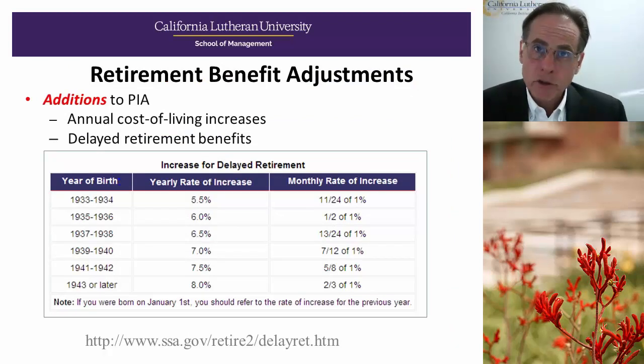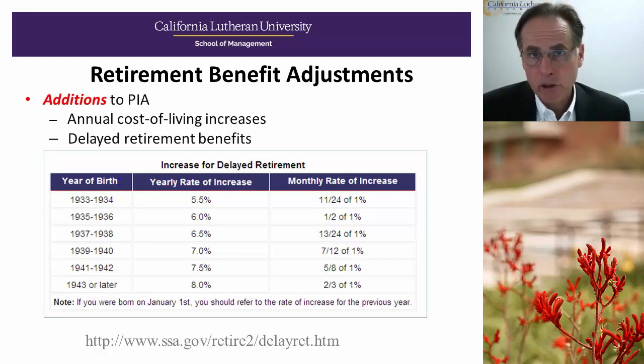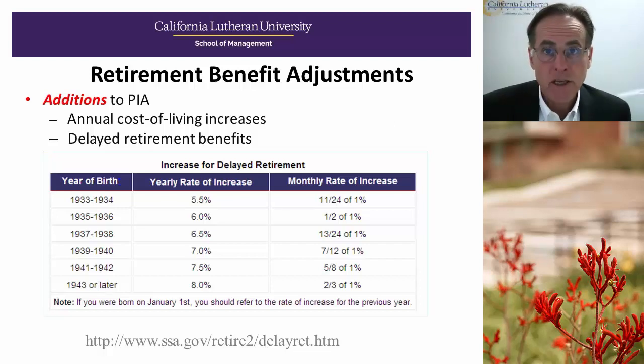So we said the determination of PIA is based on the highest 35 years, and then there's formulas to figure out the primary insurance amount, what that monthly payment check would look like. But there can also be additions to that. Additions come in two forms that I already mentioned. One is the annual cost of living increases, not guaranteed, but it tends to go up with some measure of cost of inflation.